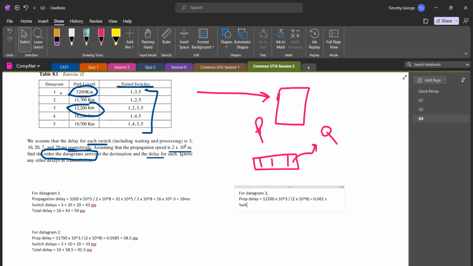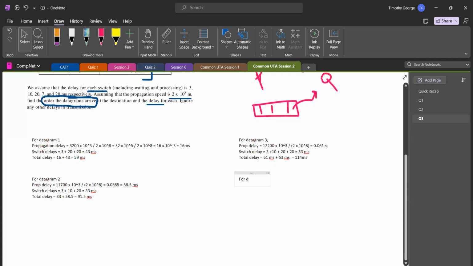And the switch delay: the switches given are 1, 2, 3, and 5. So 3 plus the second switch, which is 10, plus the third, which is 20, plus the fifth switch, which is again that many milliseconds. So the total delay, we have 61 milliseconds on the first part plus 53 milliseconds, a total of 114 milliseconds.